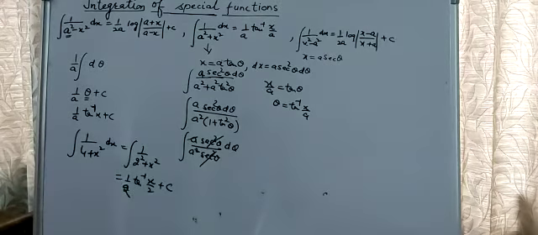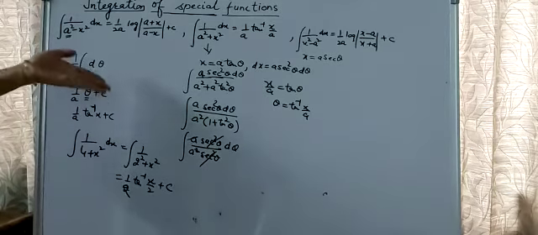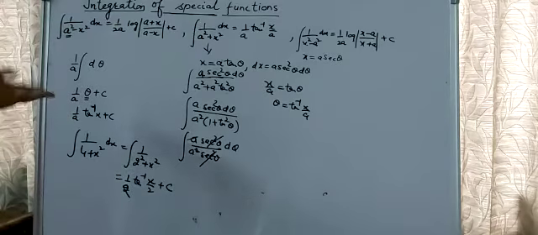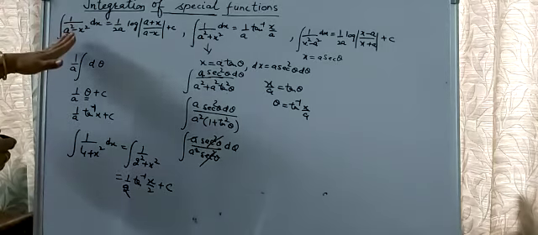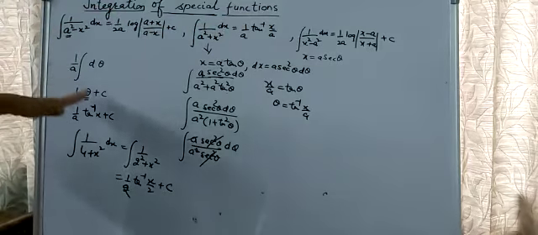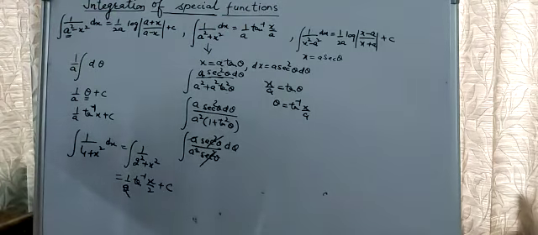So 1 upon 2 tan inverse x upon 2 plus c becomes the integration of the function 1 upon 4 plus x square. So first we compare our question with these types of functions, then after comparing we do the integration of functions of the form 1 upon a square minus x square, 1 upon a square plus x square, and 1 upon x square minus a square. Thank you, students.